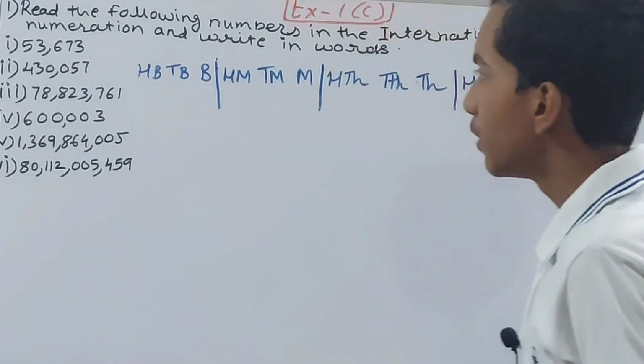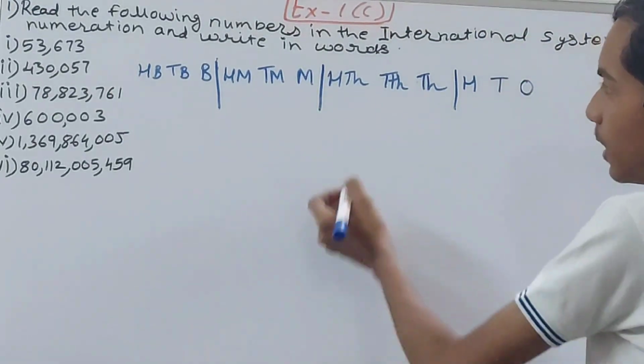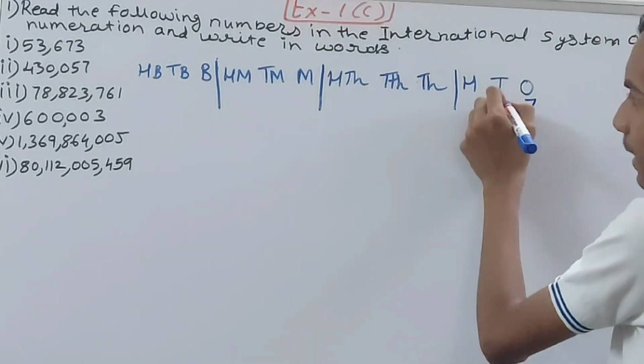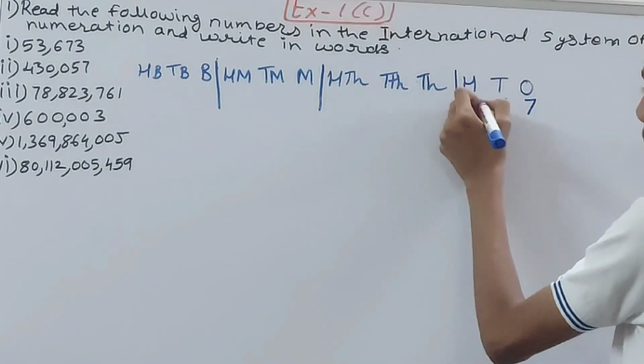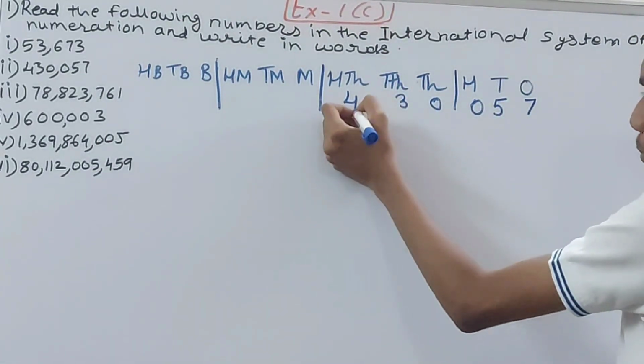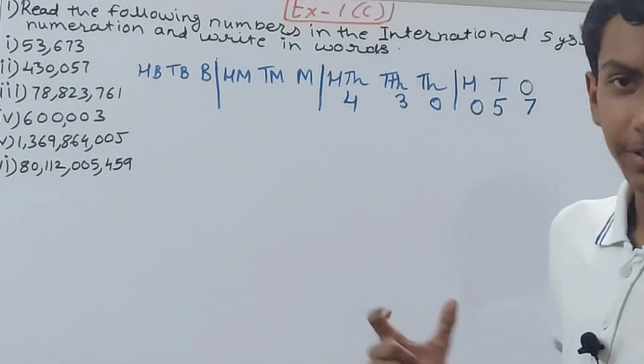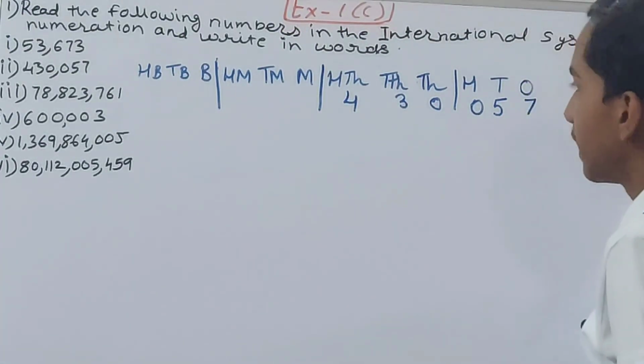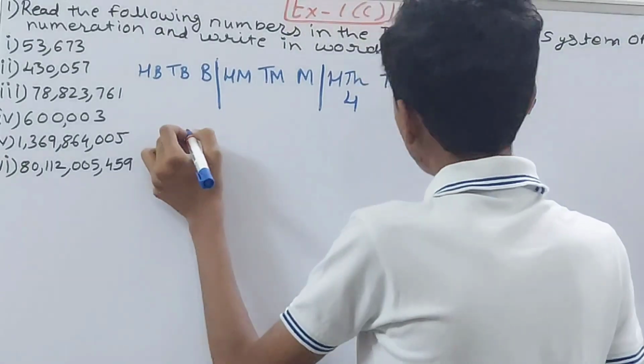Now the next part, you have 430057. Again you begin from 7, then to the left is 5, then there is 0, then again 0, and then 3, and the last one is 4. So 6 places in total are filled. This is the second part.